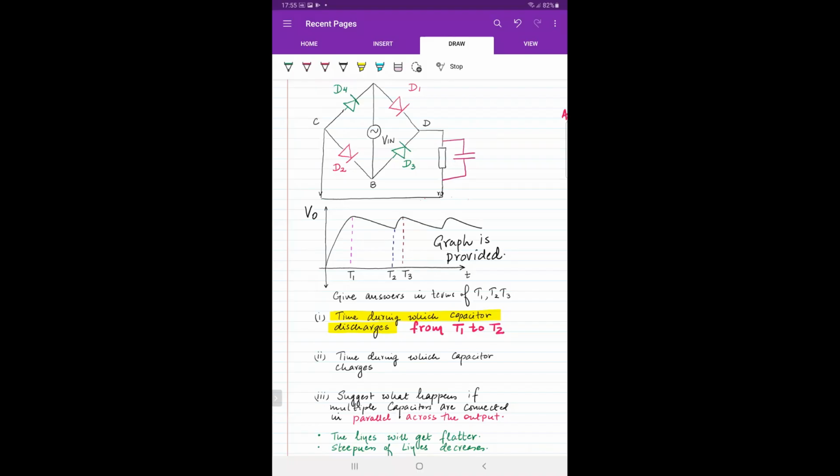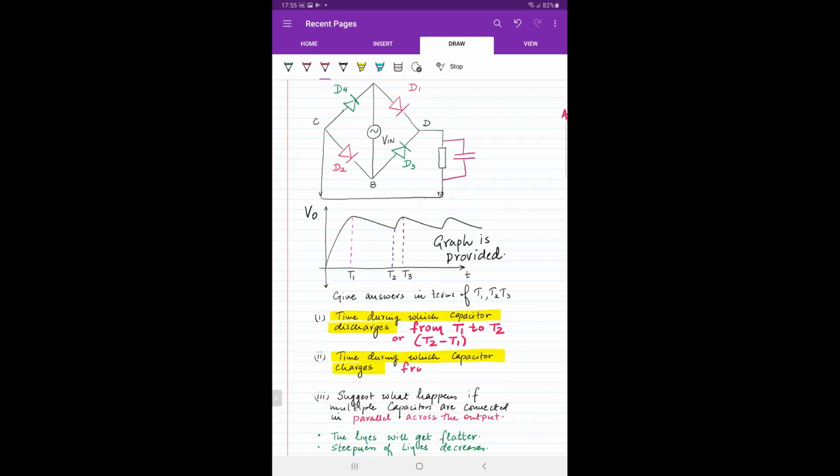ठीक है, from T1 to T2. T2 minus T1 is the time duration. So T2 minus T1 is fine now. Likewise, the time during which the capacitor charges, the charging will be when the supply is showing a rising current.